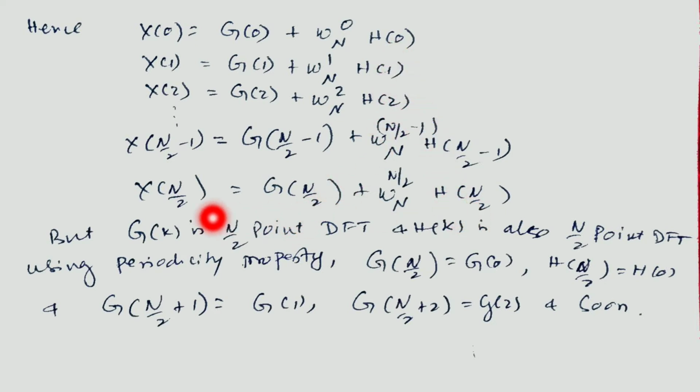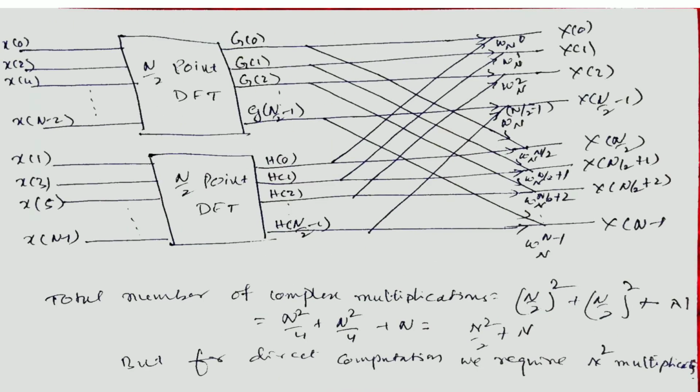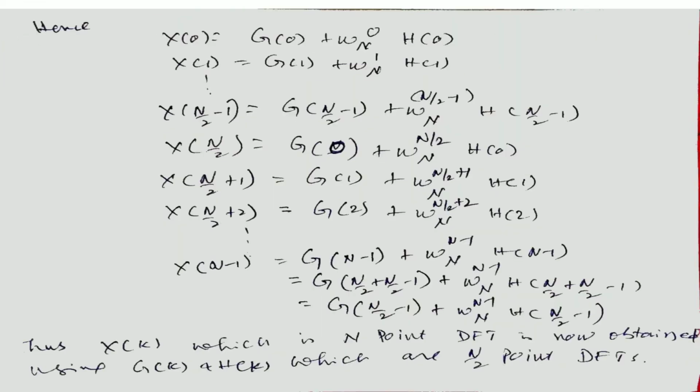Therefore, we can write x of n by 2 as g of 0 plus wn power n by 2 h of 0. And the next value would be x of n by 2 plus 1. That would be equal to g of 1, because the values will keep repeating now. g of 1 plus wn power n by 2 plus 1 h of 1.